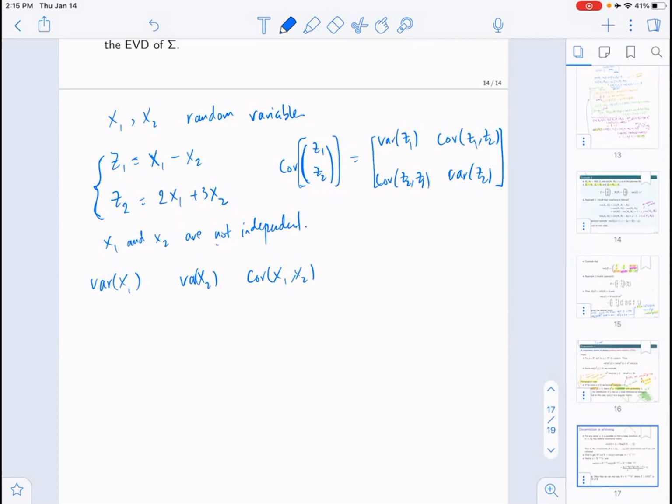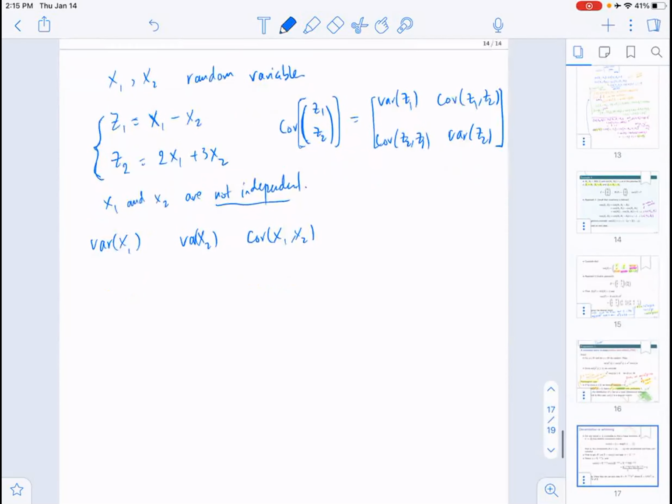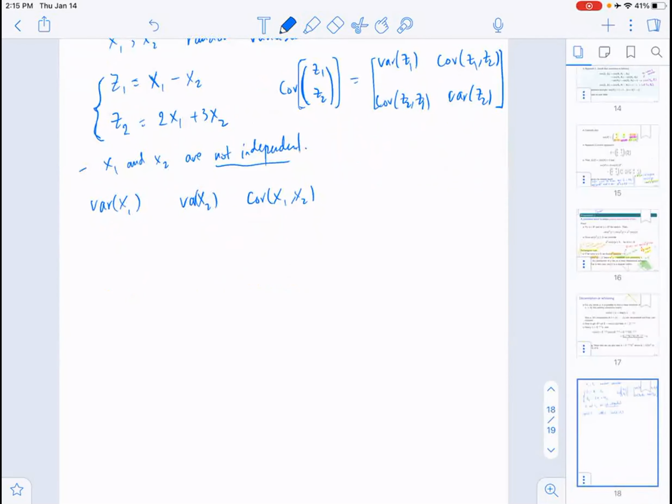Being not independent implies that the covariance is non-zero, but doesn't give us much information. So let's say I'm going to assume the variance of x1 is 1, the variance of x2 is 1, and this is, let's say, the covariance. Does anyone know what the range of this could be? If I want to construct the covariance, can it be, let's say, 2?